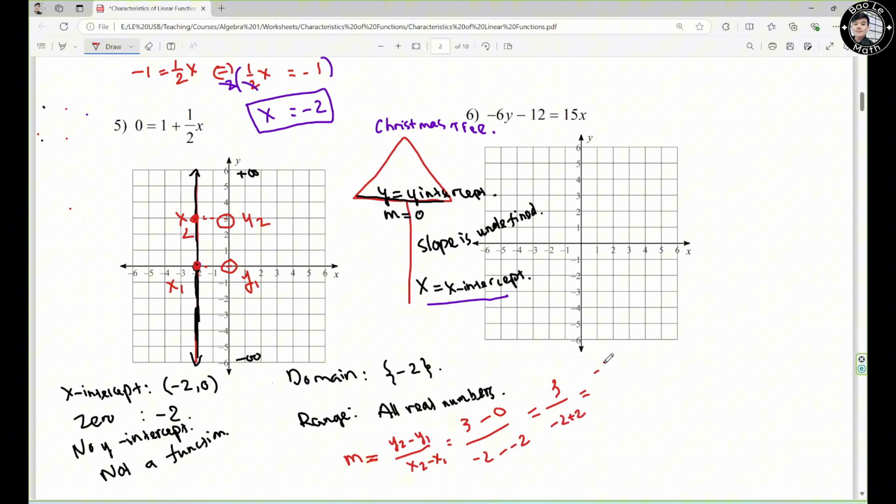Alright, so it's 3 divided by 0. So it is undefined, right? That's why we have the slope of the vertical lines undefined. Alright, and this is the final equation, right? So we cannot convert this one into slope-intercept form or point-slope form.